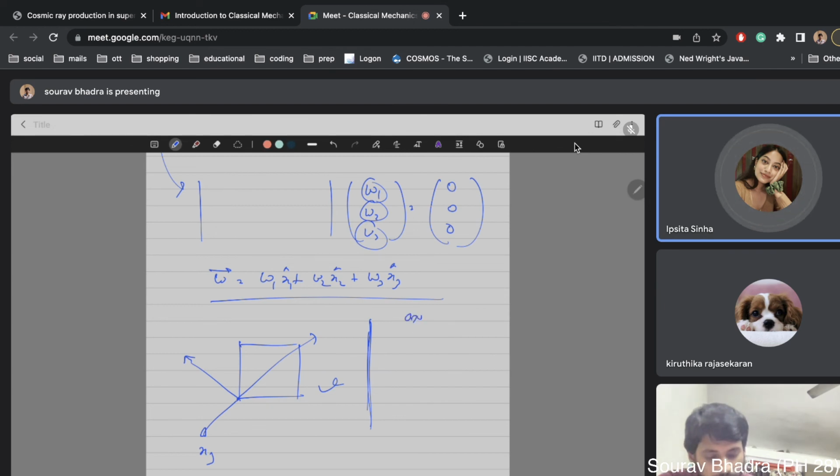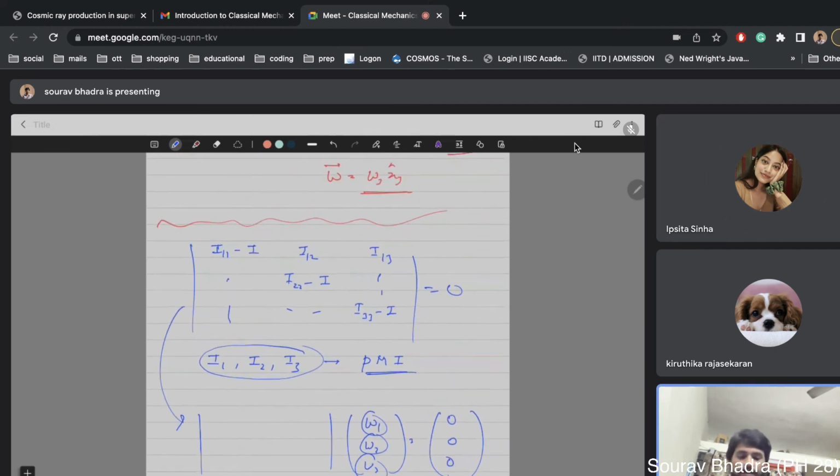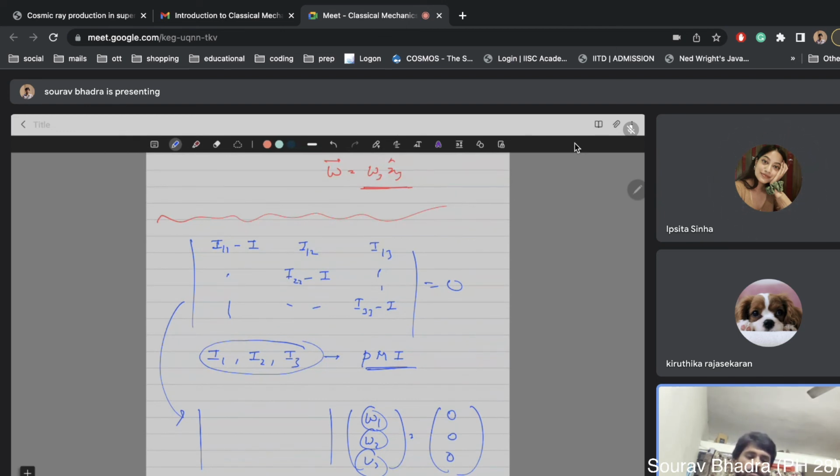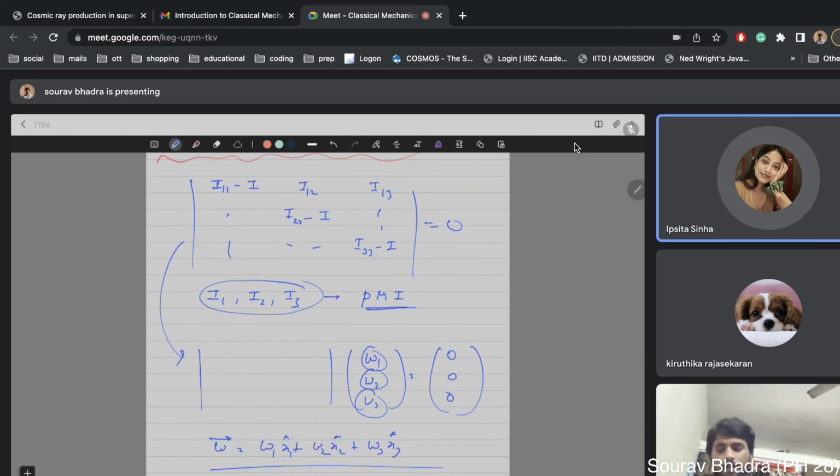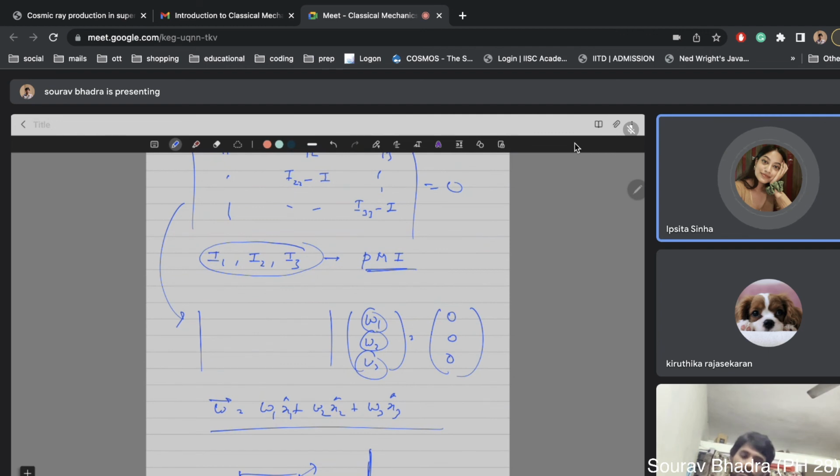In the asymmetric case, sir just said that we need to explicitly find it, which is pretty obvious because it's not symmetric about any of the axes. And then he said that according to some coordinate axes, we find it, then diagonalize, and then find the principal axis. Diagonalizing means this particular method which I showed here. So it's something like back calculating and then finding the principal axis, right?